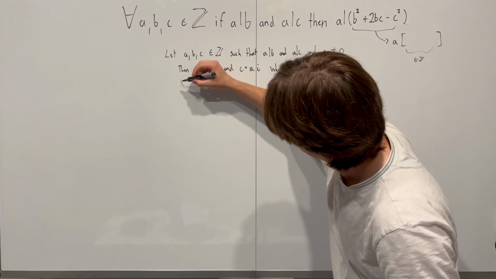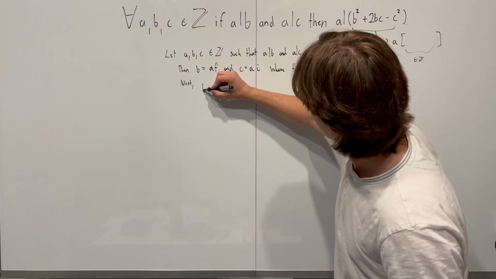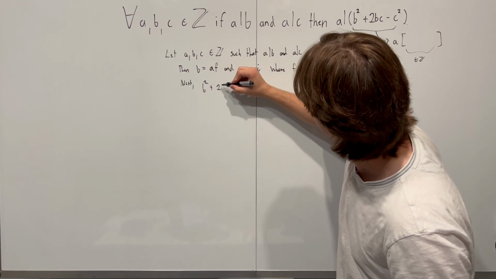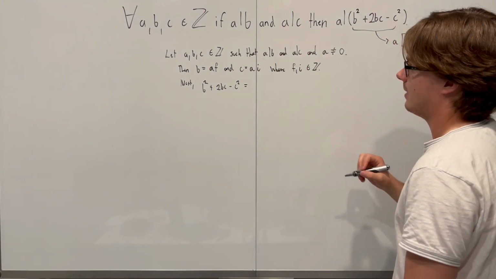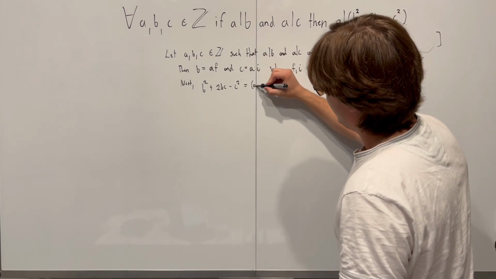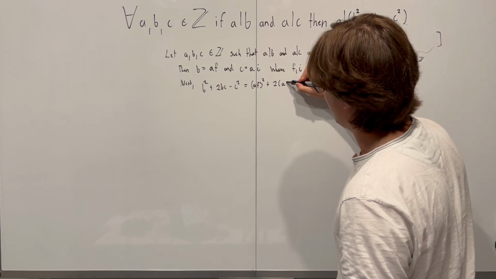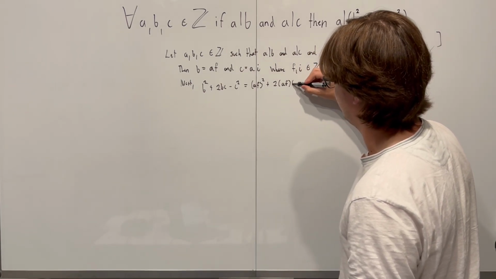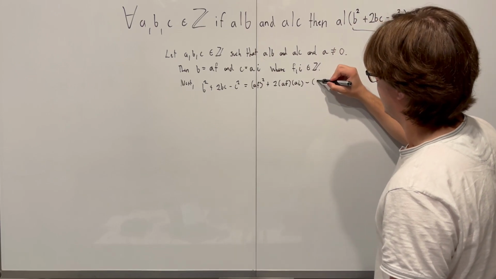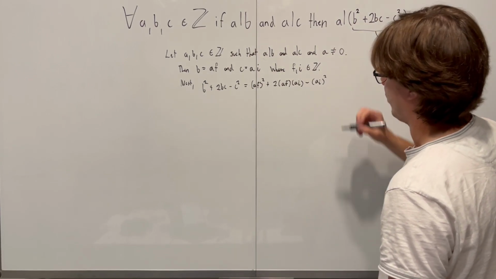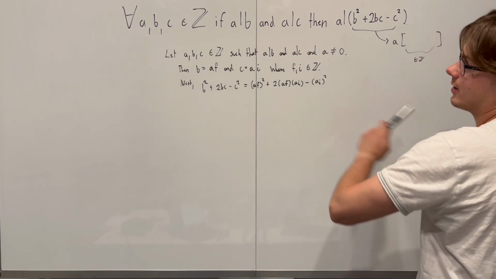So we could say, next, b² plus 2bc minus c² is going to be the same as af² plus 2 times af multiplied by ai minus ai squared. Fantastic. Now here you should immediately be able to factor out an a.